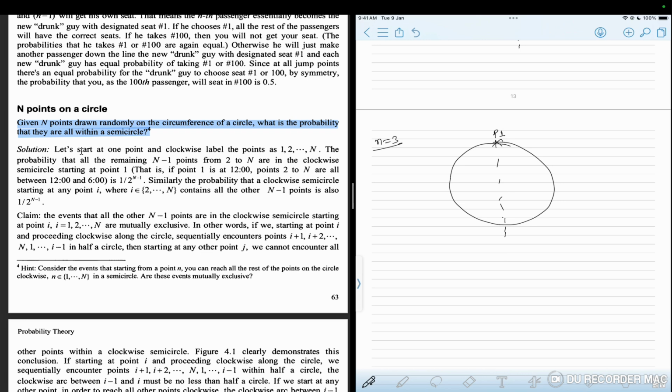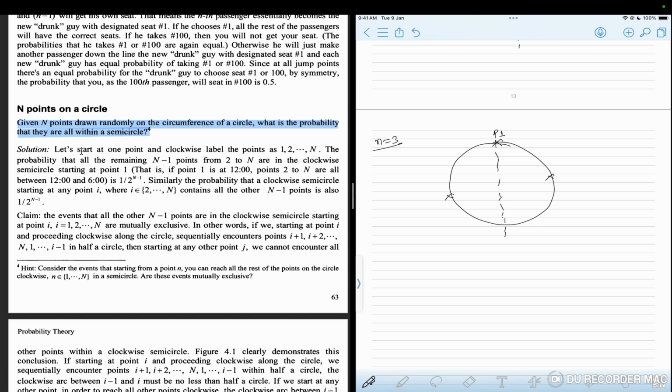P2 can either lie on the right side of this line or on the left side of the line. The probability that it appears on either side of the line would be half, because both the sides are equally symmetrical. So P2 can either come here or it can come here.